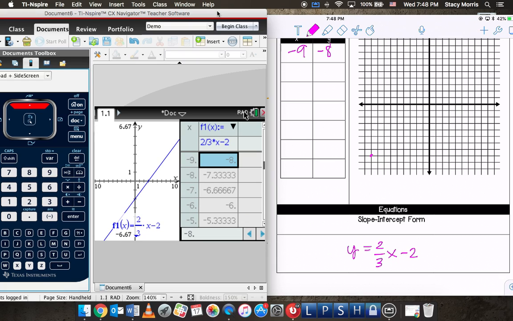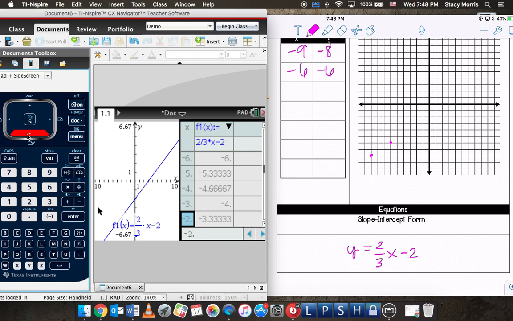Oh, there it is. Okay. All right. I don't want to plot these that are decimals, so I'm going to go to the next one, -6, -6 here. So -6, -6. I'm going to plot that. So there's that. Okay.